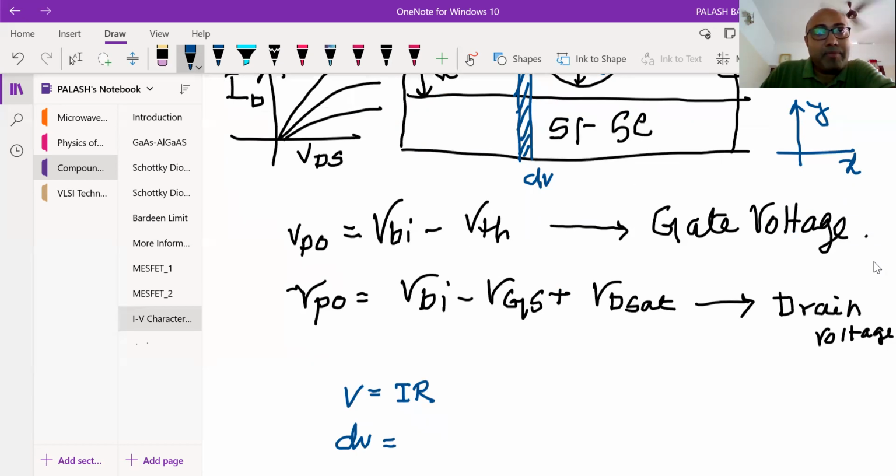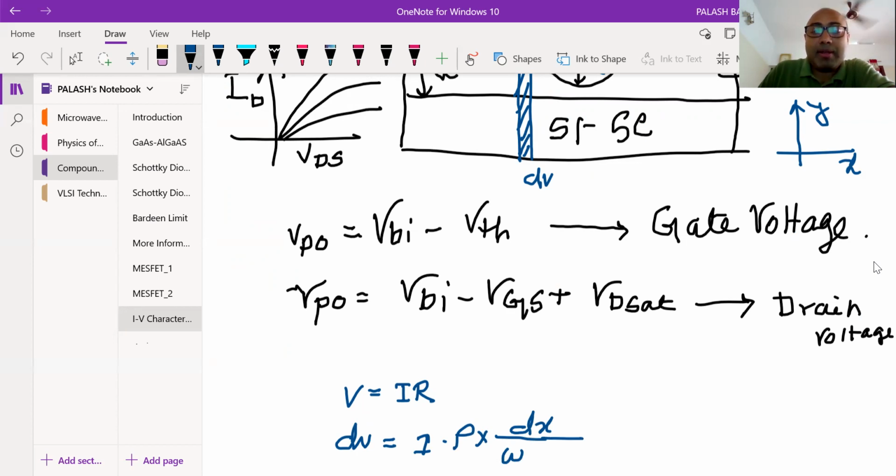I can write I, because current is constant. Whatever the zone, current is constant. So R is equal to rho, and you can write dx, L by A. A means the cross-section.